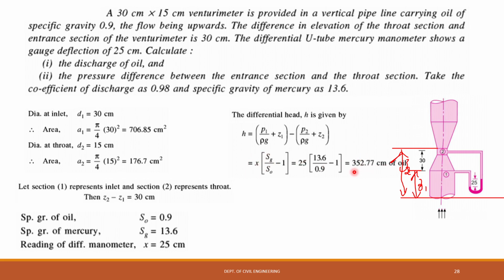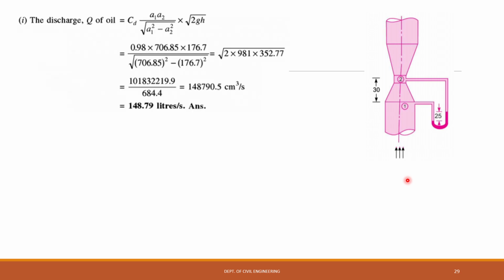H value is equal to 352.77 centimeter of oil, because oil is the flowing fluid. So we can substitute the H value in this equation and Q is found out to be 148.79 liters per second. So the first part of the question is over.